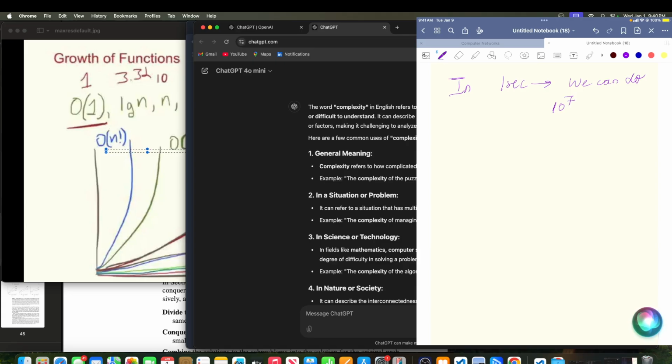We can obviously optimize it, but remember, we always write an algorithm for the worst case and then optimize it.